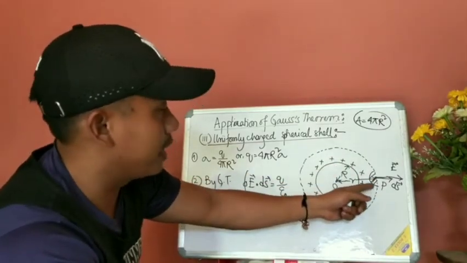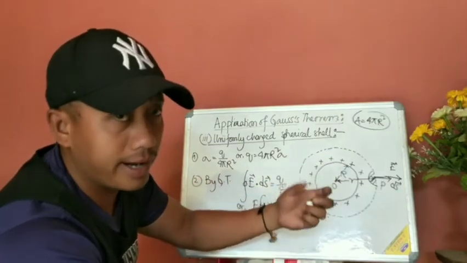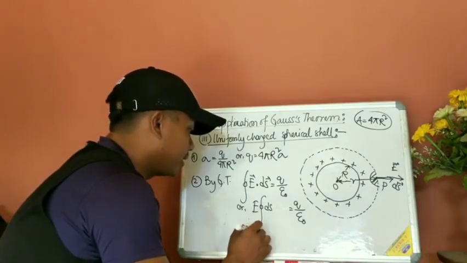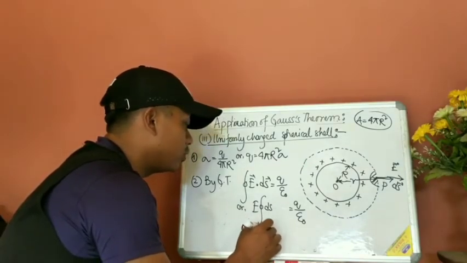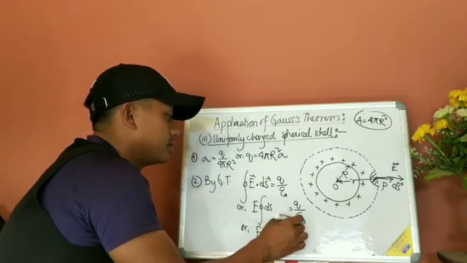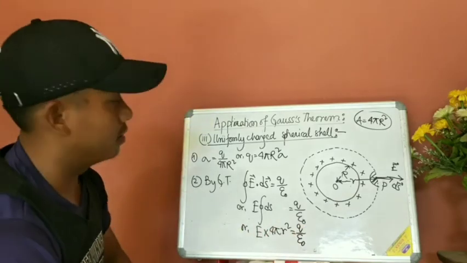What should be the area of the outer sphere? It is 4 pi small r square. So electric field E into 4 pi r square is equal to q by epsilon naught. Why?